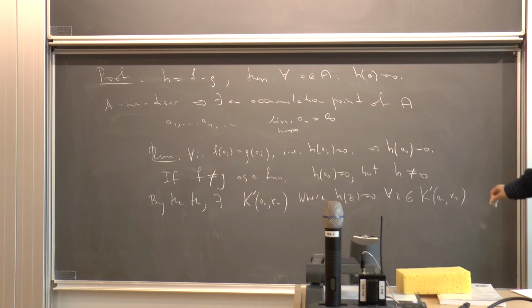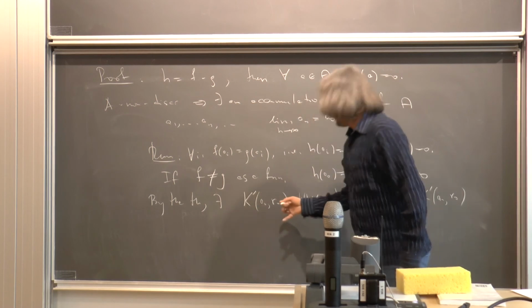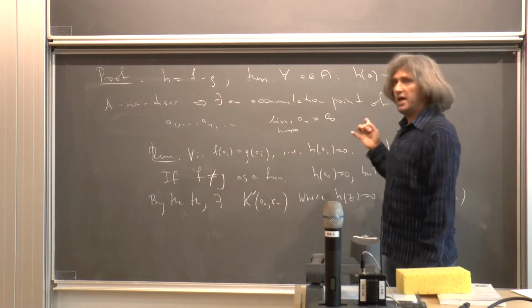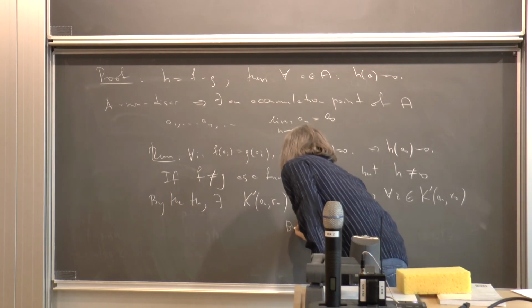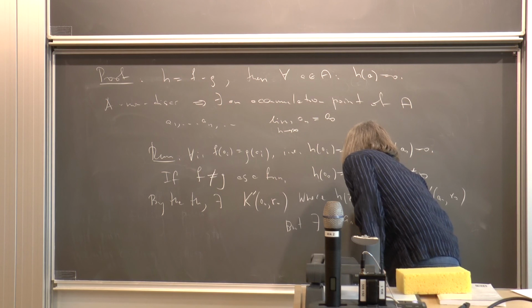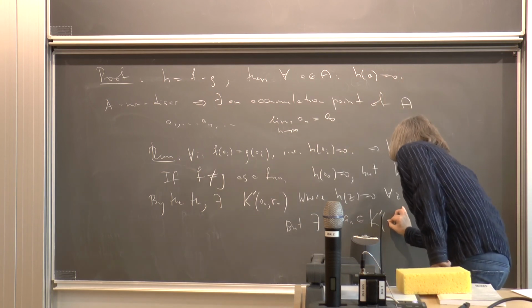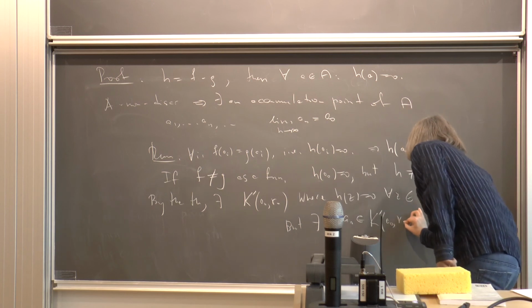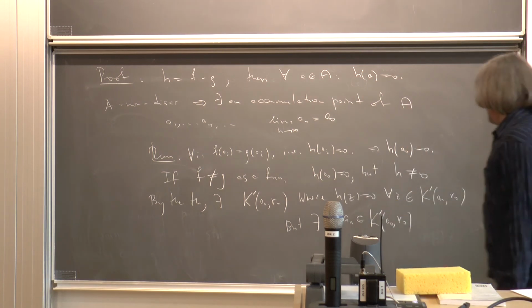But this contradicts the fact that it's an accumulation point, because in this neighborhood there should be other points from A. So, but there exists n, an is in this K prime a0, r0. Contradiction.